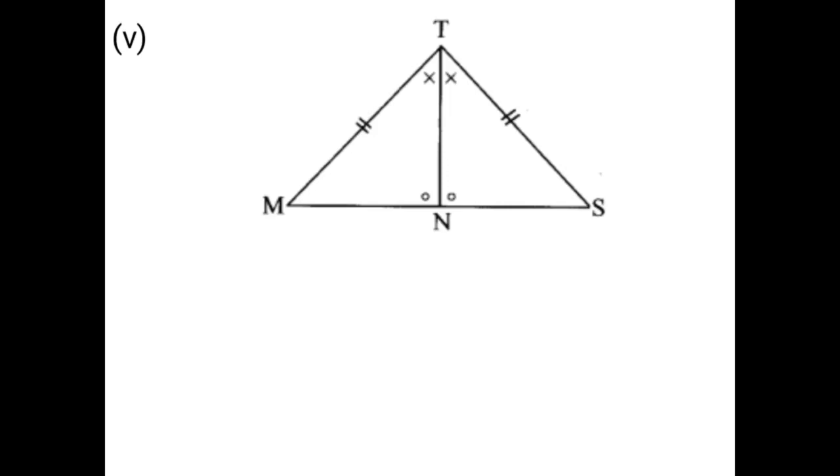Angle MTN is congruent to angle STN, then angle TNM is congruent to angle TNS. Of this figure, you have the side angle test or AAS test, which means angle side test.